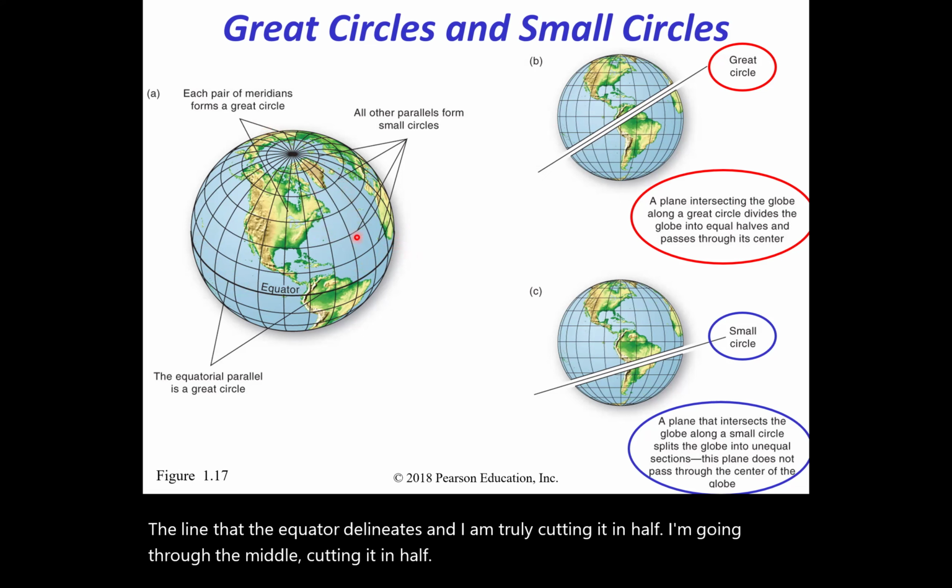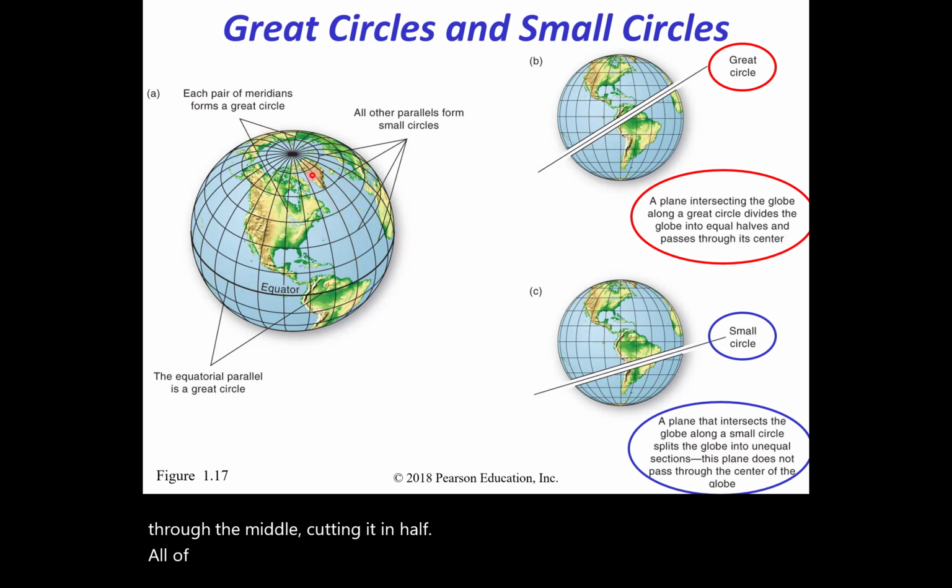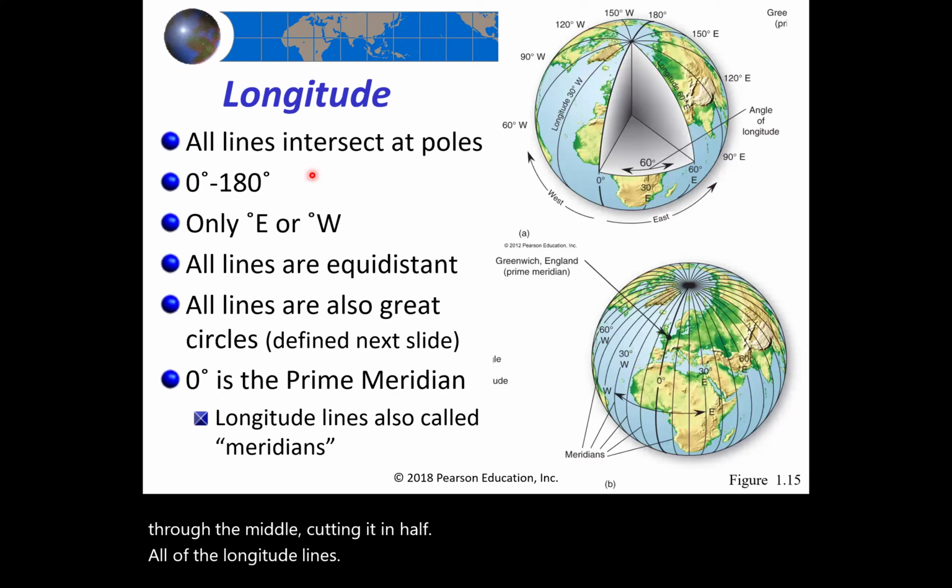All of the longitude lines, if I go back here, all of these longitude lines, if I were to cut along any one of those lines, I would be cutting the Earth in half through the center. So those are the great circles.